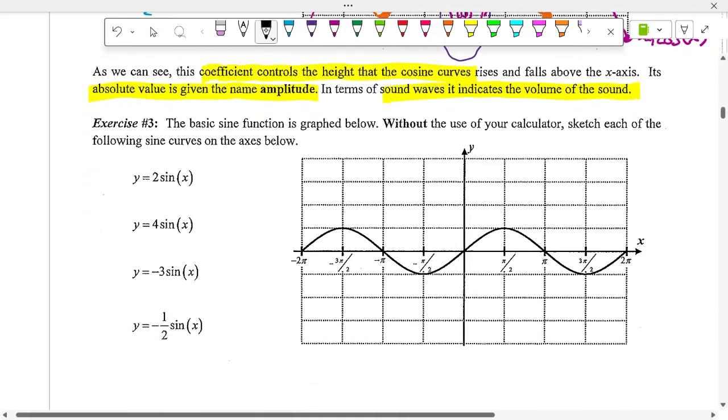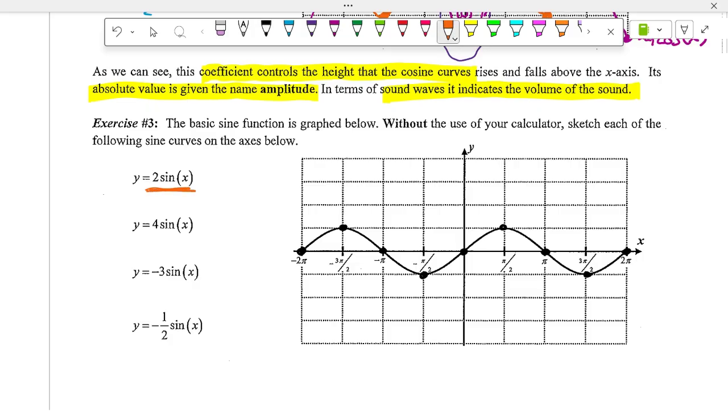So just for reference, I'm going to plot the points. This is a sine graph, but it's the same concept. You're just going to take whatever the amplitude is and multiply it to the y value of the original point. Okay? So let's do the first one. So this is 2 sine of x. So what am I going to be multiplying my points by? 2. So if the y value is 0, what's my new y value for the next graph? 0. The y value is 1.